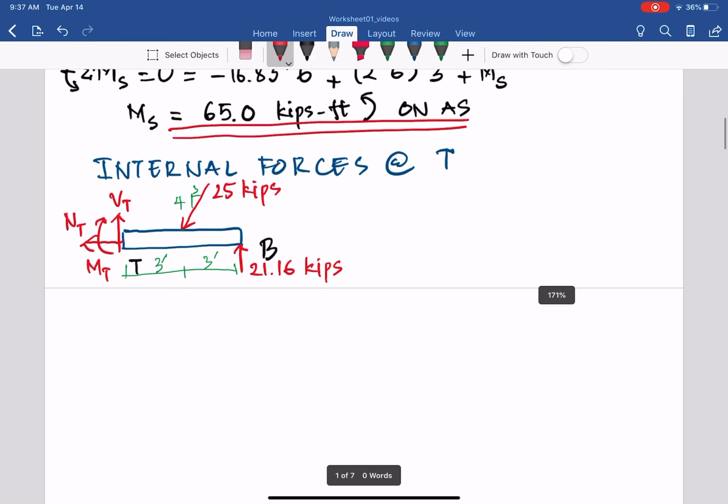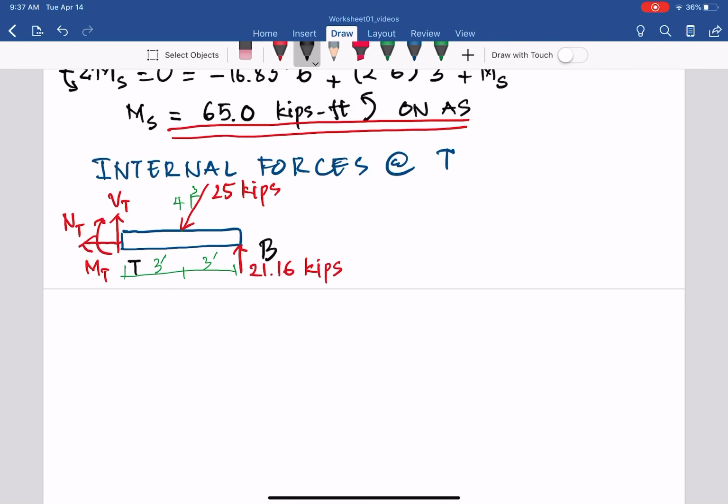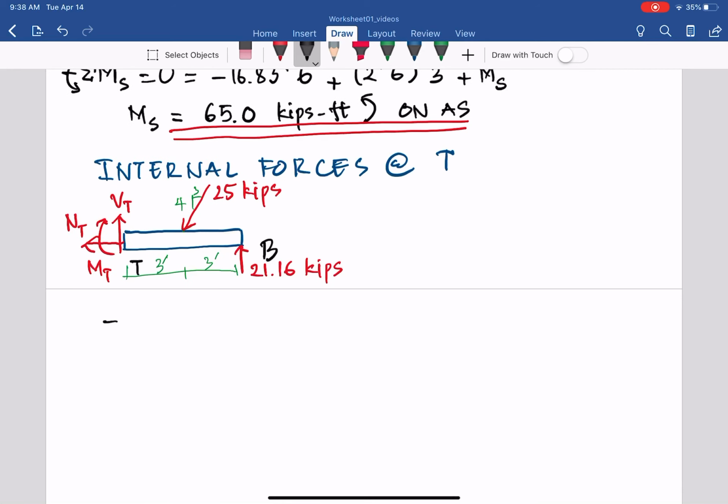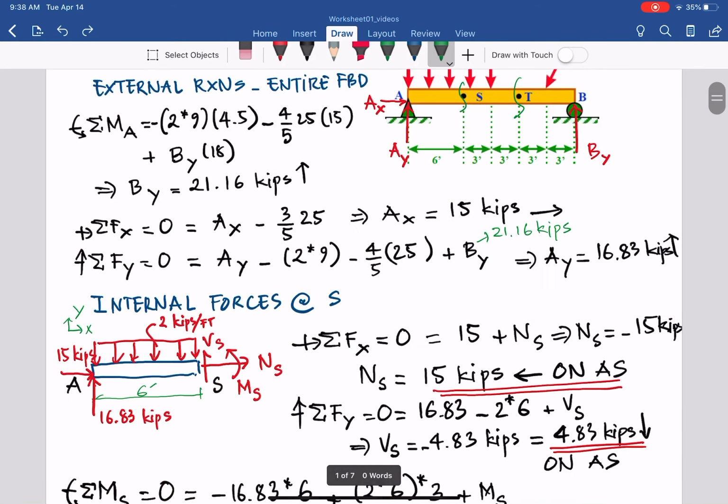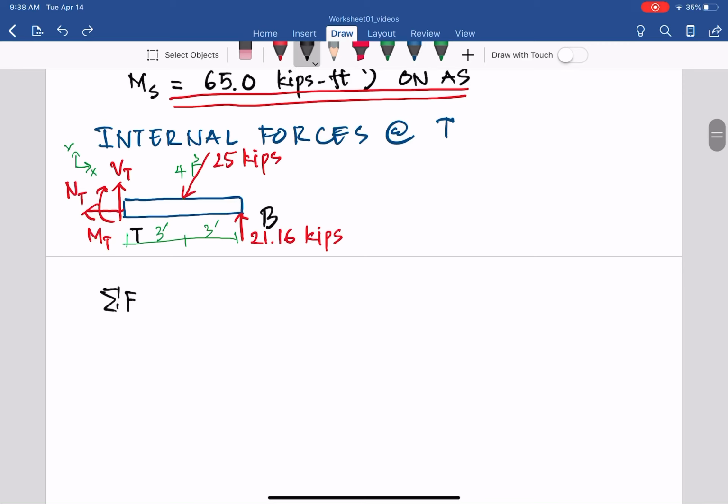So from that we can go ahead and apply the equilibrium equations in here. Sum up the forces in X and Y direction. Let's go with X direction.